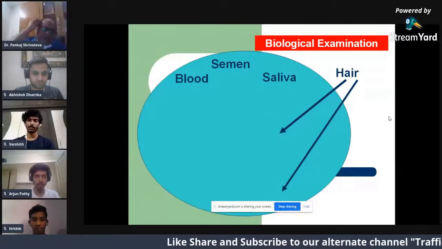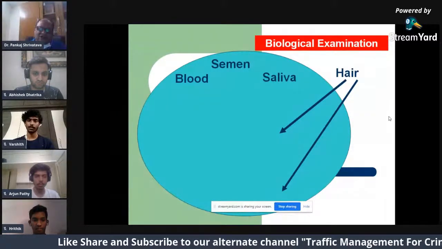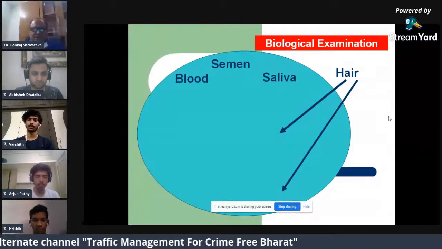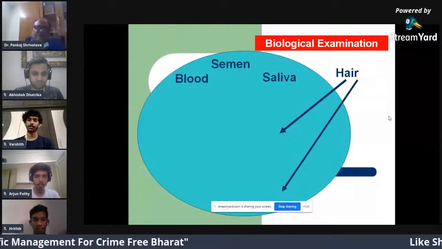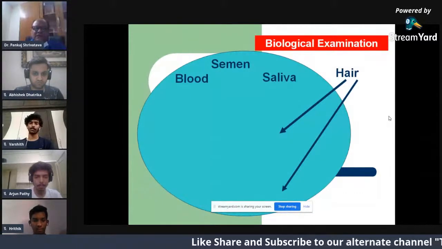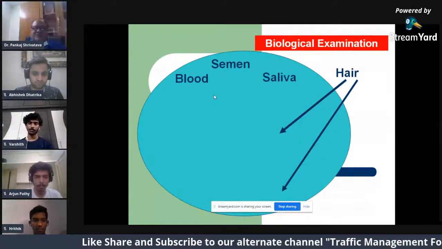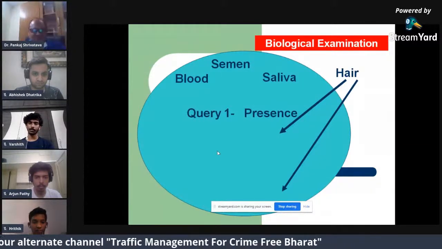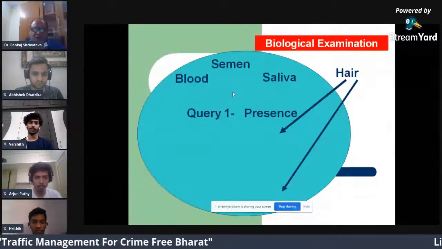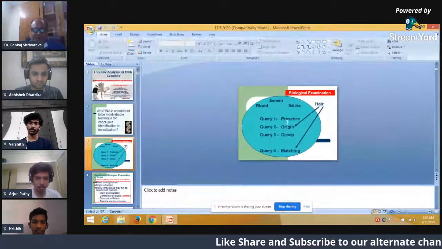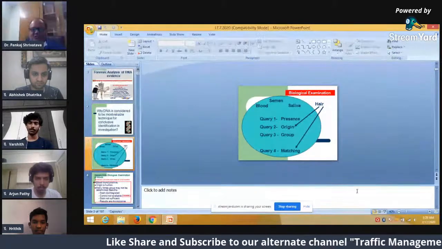In biological examination, which is the most common examination of today, biology and serology is practiced in most cases. The very first query of the investigating officer is to detect the presence of biological material, blood, semen, saliva, whether it is there or not. If there is presence of these materials, then the second query is what is the origin.